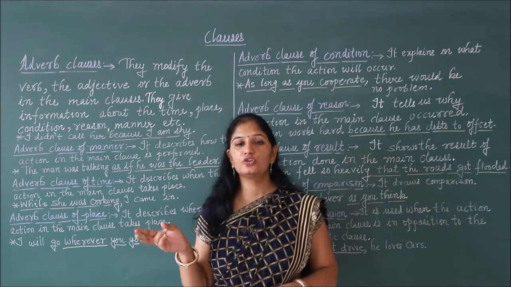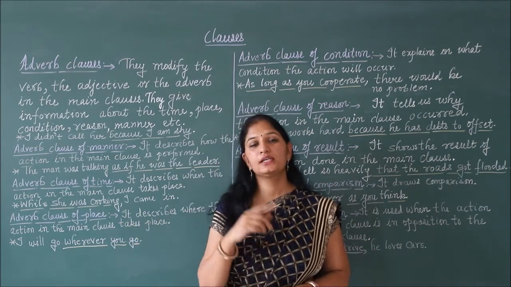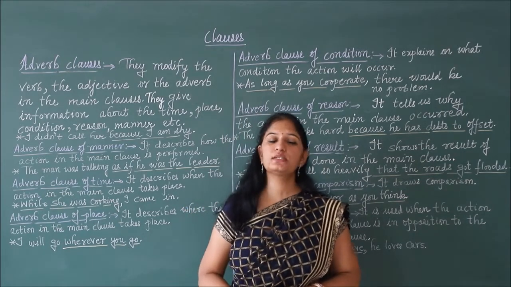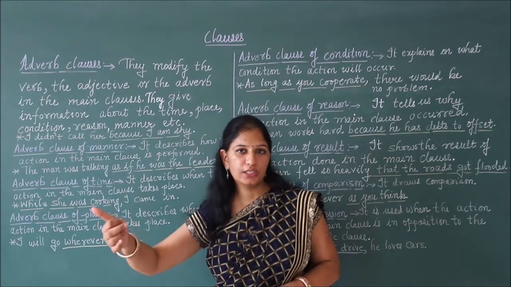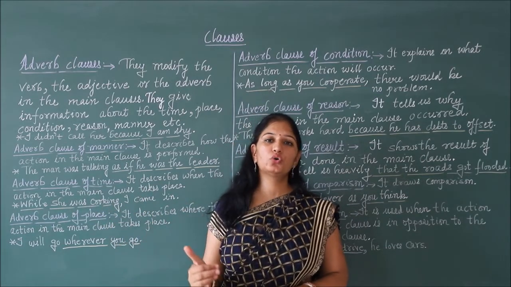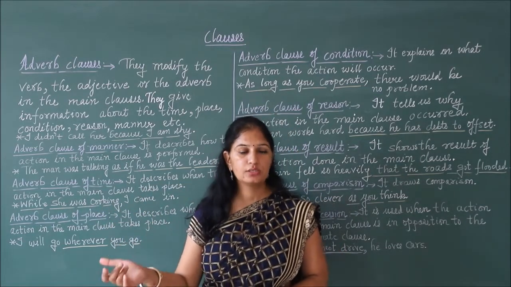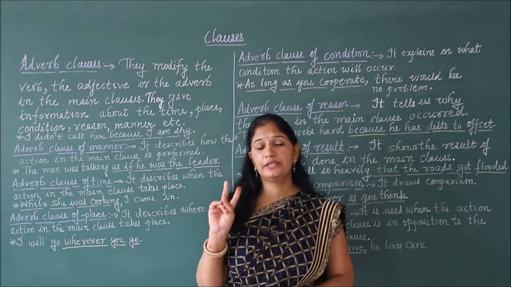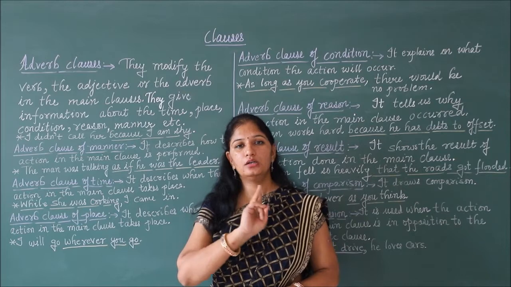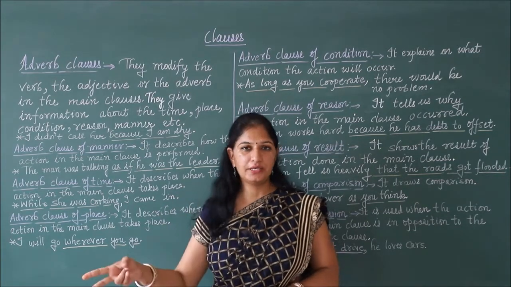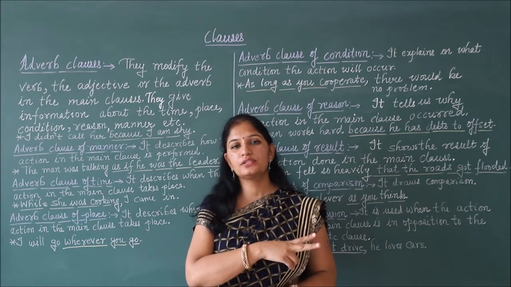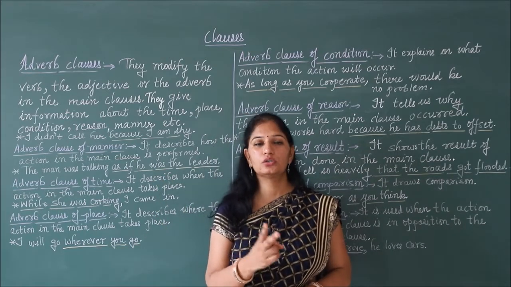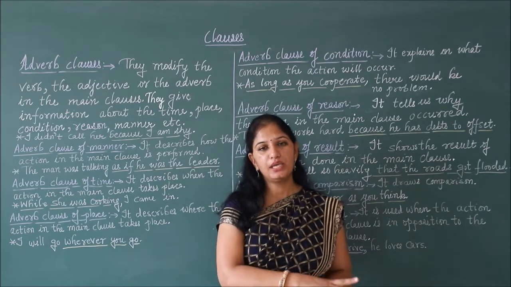So clauses are of two types: main clause, or we can say independent clause, and the second one is subordinate clause, which we also call dependent clause. Dependent clause is called subordinate clause. Independent clause is called the main clause.